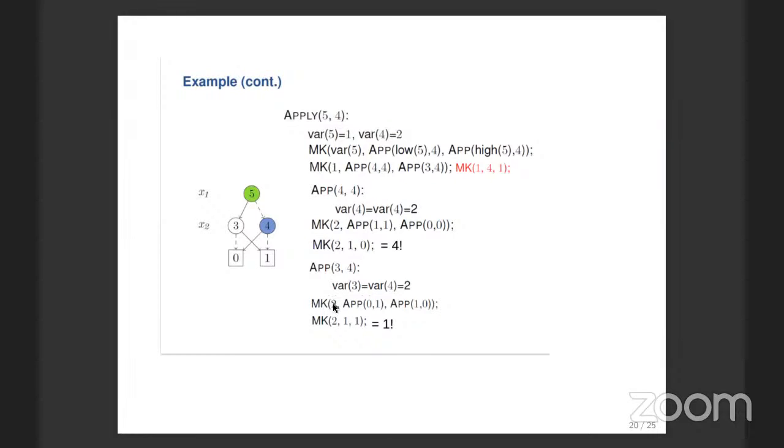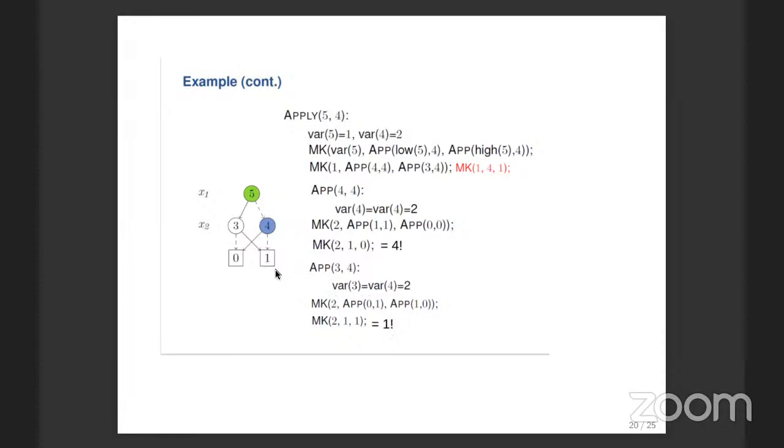You do the ORing of the 2 low sides, ORing of the 2 high sides, and that will be make 2, 1, 1. What is that? Make 2, 1, 1 is actually 1, the node 1, because both sides are the constant 1. Therefore, that gets 1.